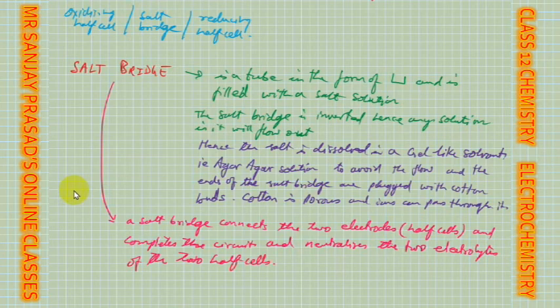The two half cells, they have electrolyte. Those two electrolytes are charged. Those charges are neutralized by this salt bridge. Clear? So how does it happen?